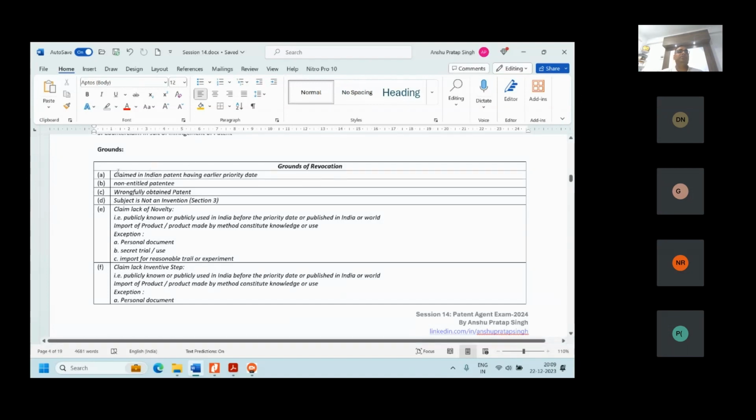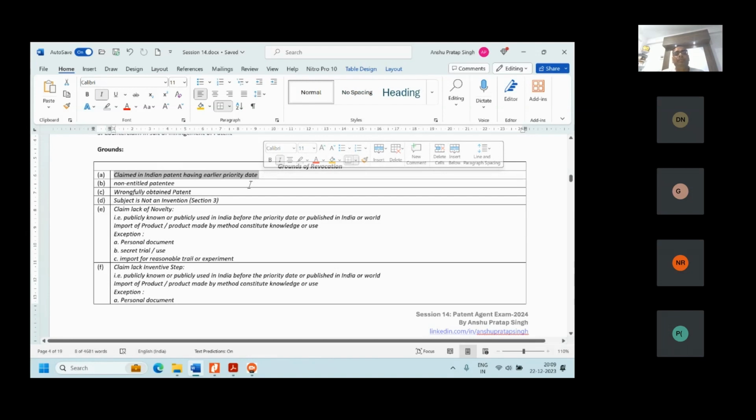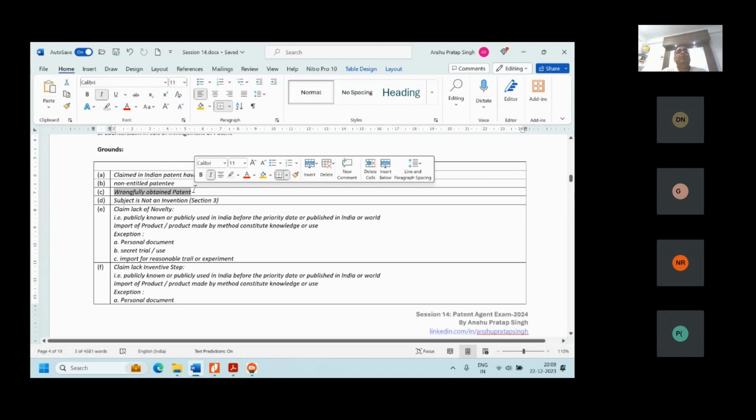For example, it starts with: claimed in an Indian patent having an earlier priority date. Third, it has prior claiming. The patentee is not entitled to the patent. Then C is that the patentee has wrongfully obtained the patent. D is that the subject is not an invention as per section 3.